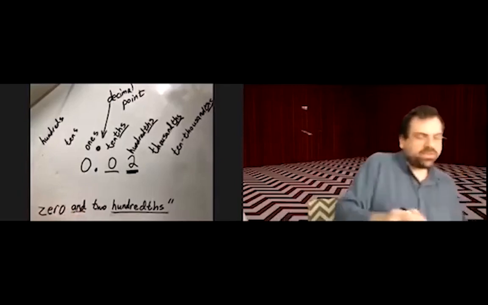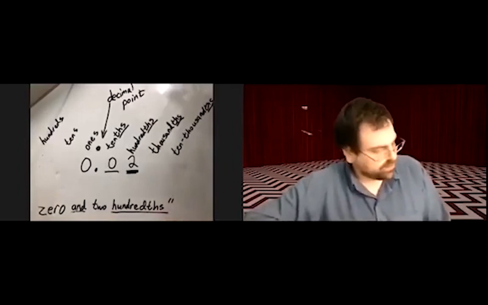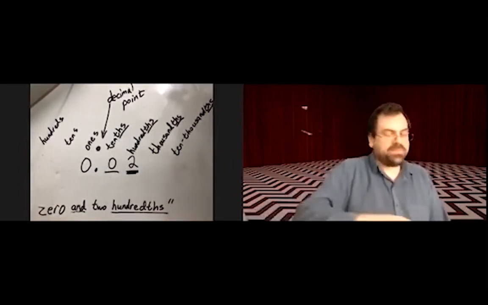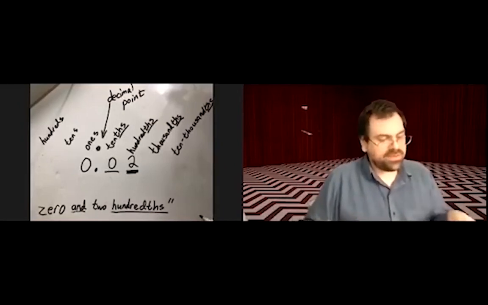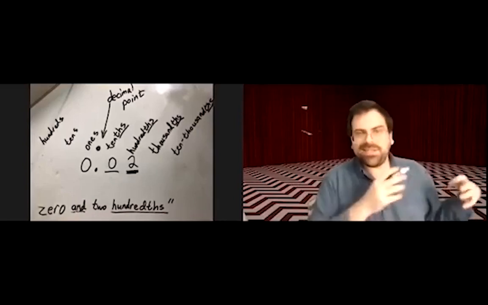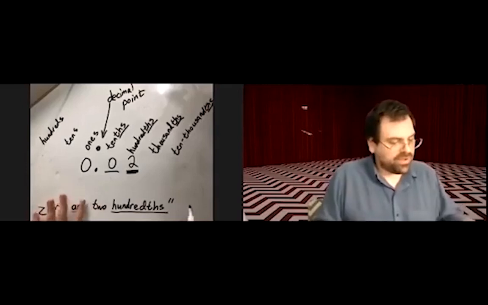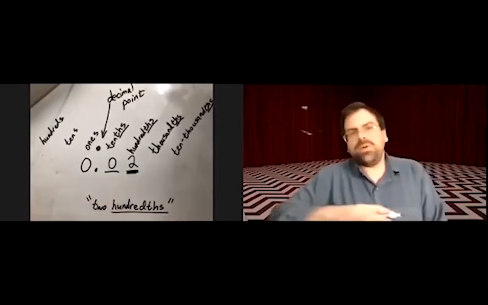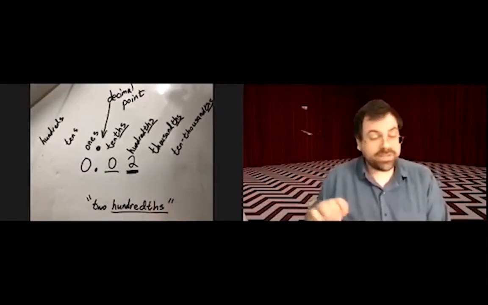If we wrote 0 and 2/100ths for 0.02, well, that would be the same as just 2/100ths, because 0 and 2/100ths is like 0 plus 2/100ths, and anything plus 0 is itself. So we wouldn't say 0 and 2/100ths. We would just say 2/100ths.